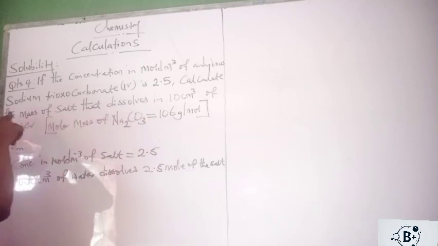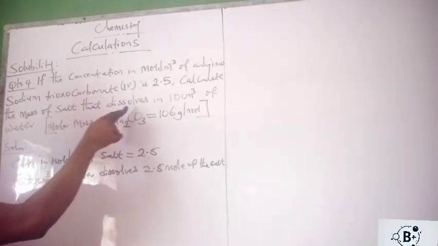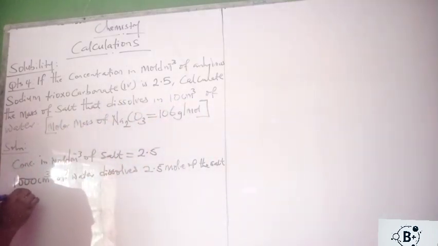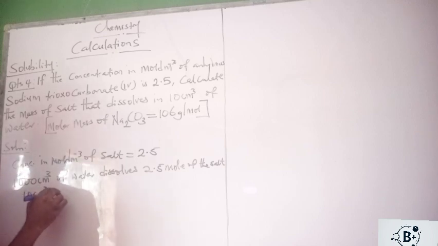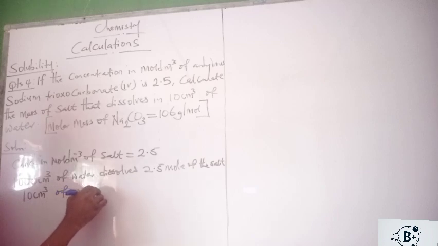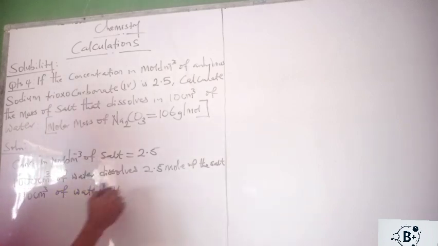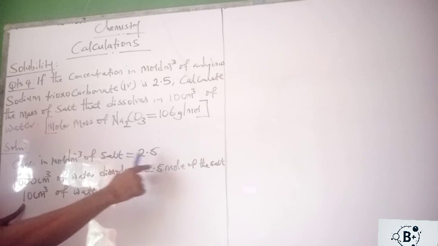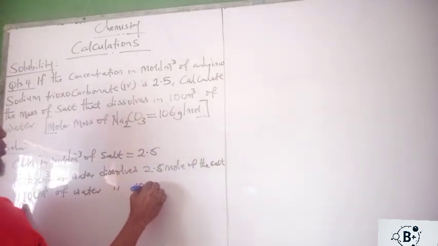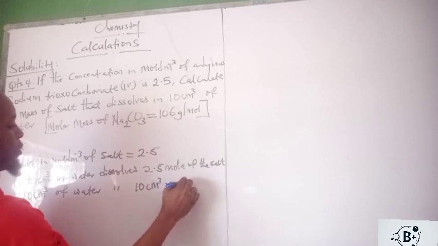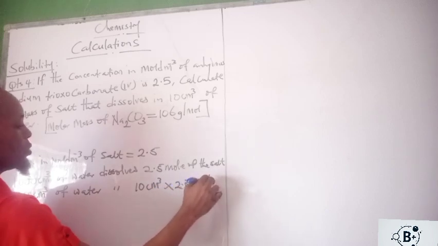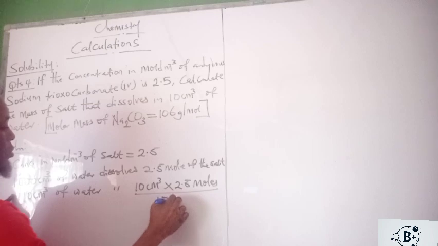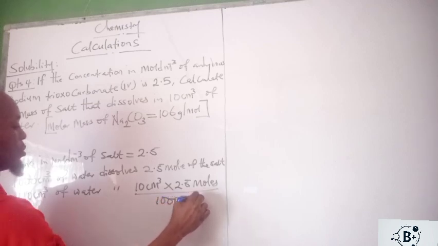So now, the mass of salt that dissolves in 10 cm cube of water. So 10 cm cube of water dissolves, we are cross multiplying now, 10 times 2.5, so 10 cm cube times 2.5 mole over 1000 cm cube.